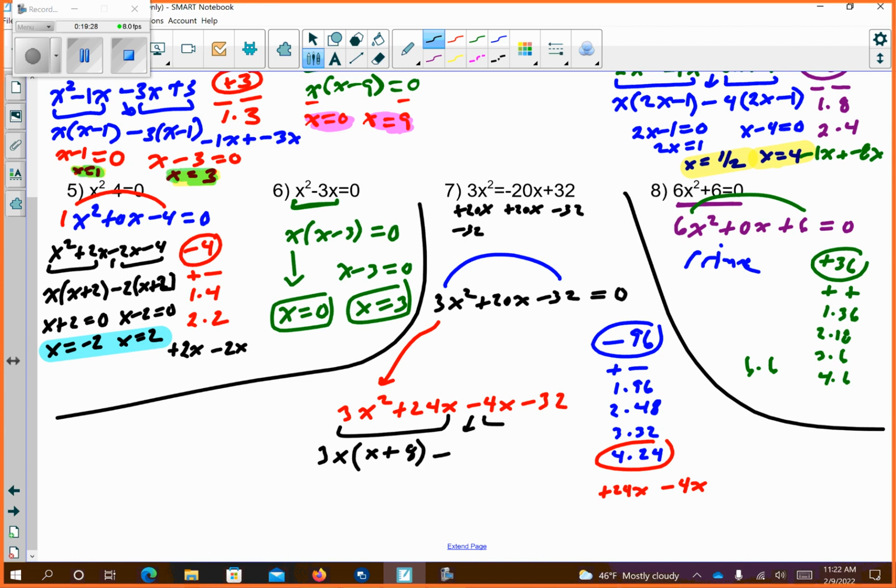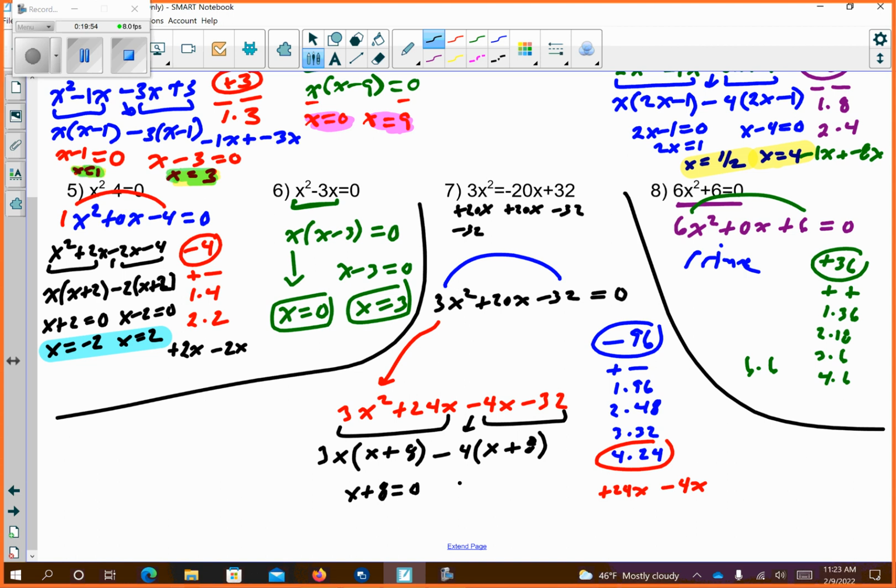Hey, what do I have in common between these? I heard it, negative 4. If I factor negative 4 out of negative 4x, I'm left with x. If I factor negative 4 out of negative 32, I'm left with plus 8. Are the two parentheses the same? I take that as a yes. So I'm going to get x plus 8 equals 0.